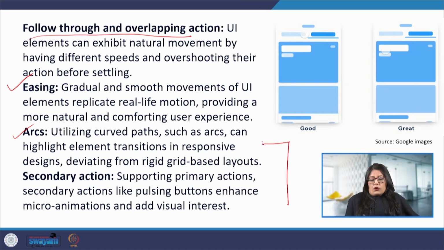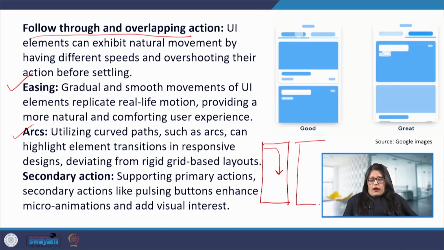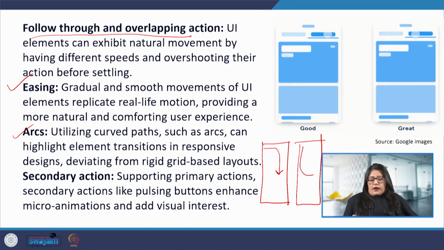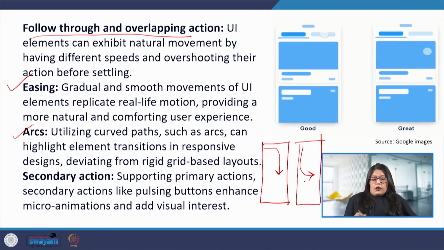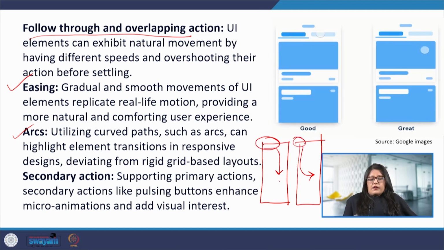If this is our field, then one arc can be like this, and the other arc can also be like this. The object which is originally here now moves along this arc and then along this arc.